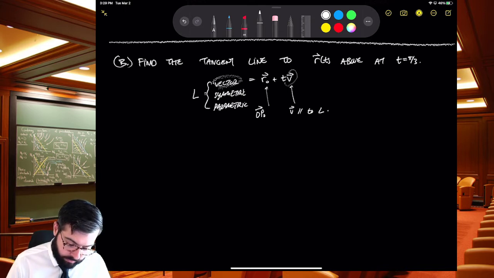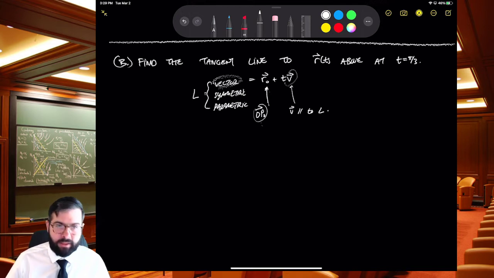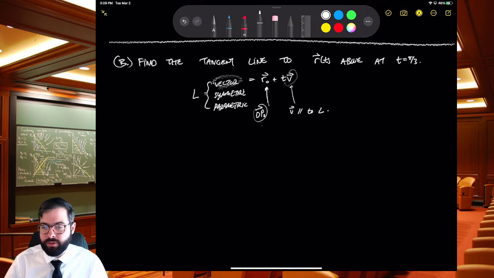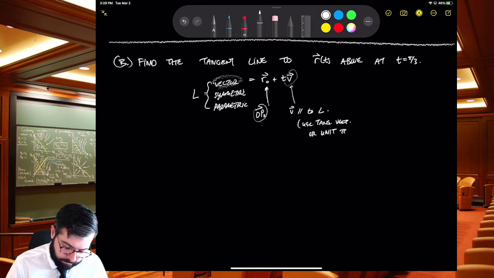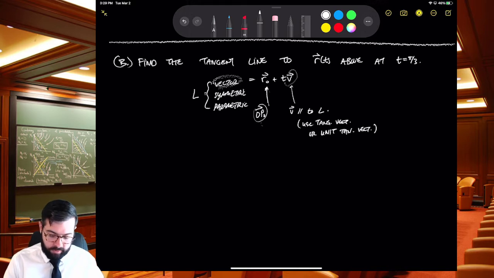So OP naught, well, what's this point on the line? We actually need to be careful about that. We can't just grab any old point. This is going to be at the point of tangency.